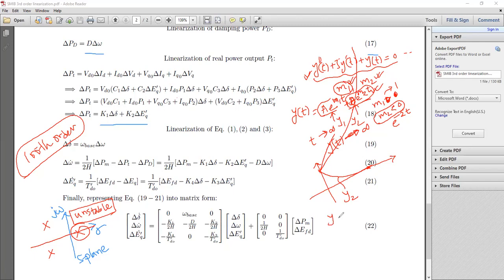In general, if you have hundreds of poles here, a1 e^(m1 t) up to a100 e^(m100 t), and even if m1 is positive and the remaining 99 are negative, a similar thing would happen.